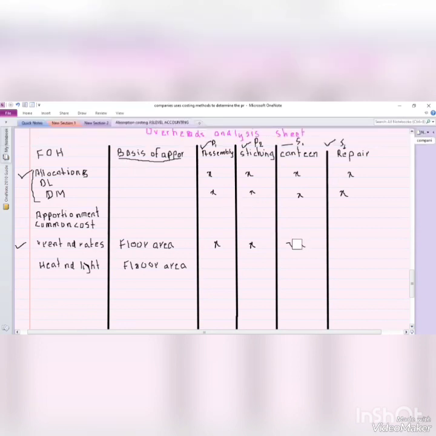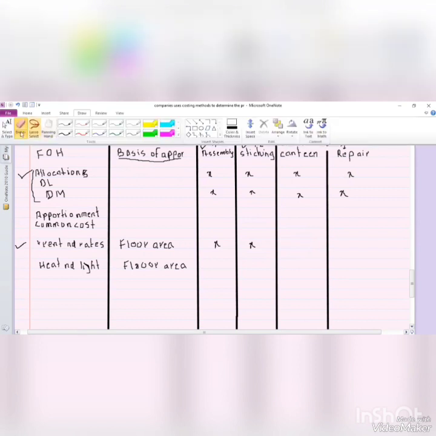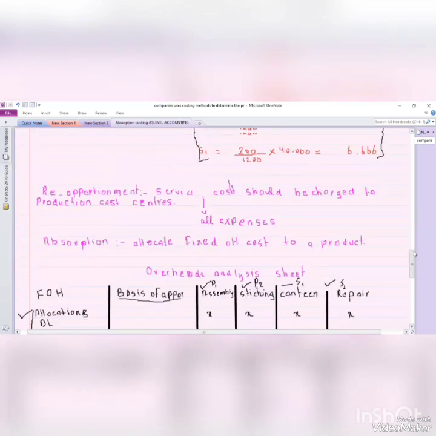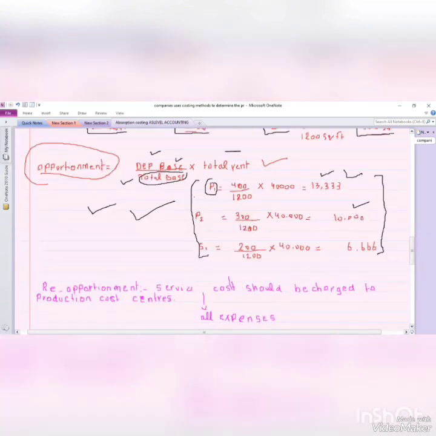When this class is over, in the next class I will bring some juicy questions for you from past papers. We just repeat the previous step again and again whenever we are doing this step of absorption costing.